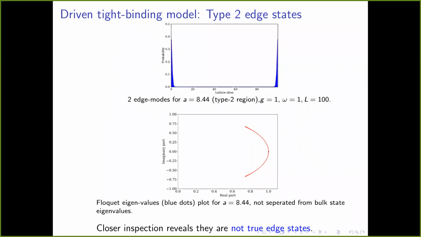So what we found again was that these edge states, what I called type 2 edge states, are not really edge states, although they have very high probability at the edge. They are actually made up of a superposition of many bulk states. That's why these eigenvalues are not well separated from the eigenvalues of the bulk states.